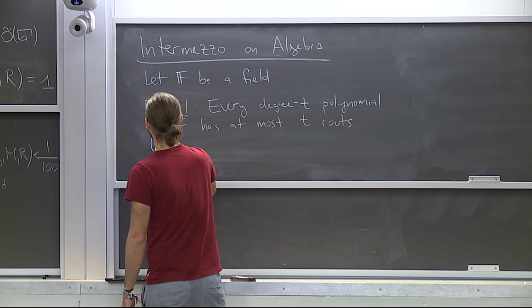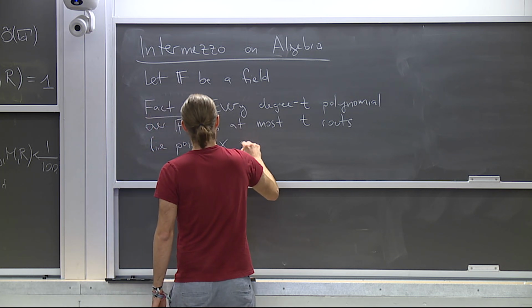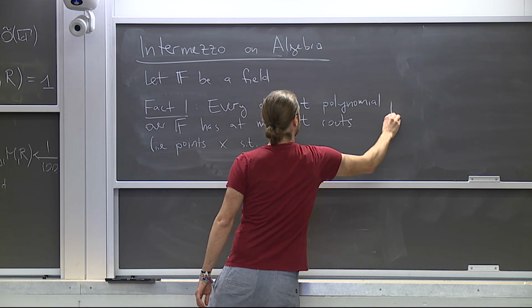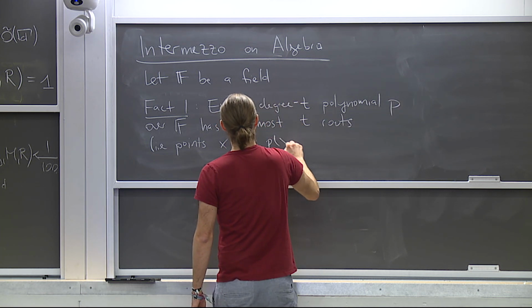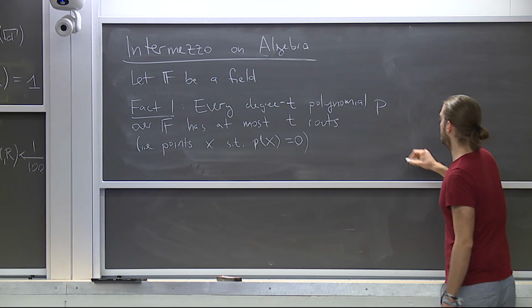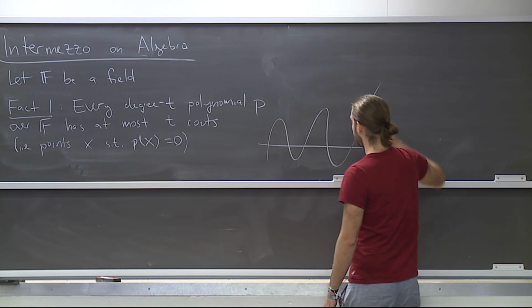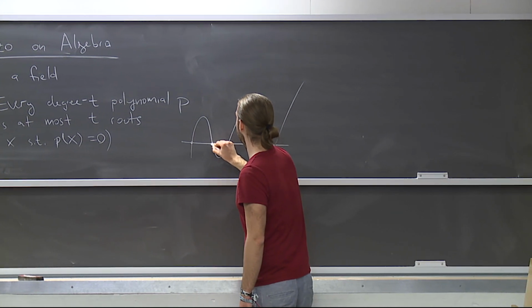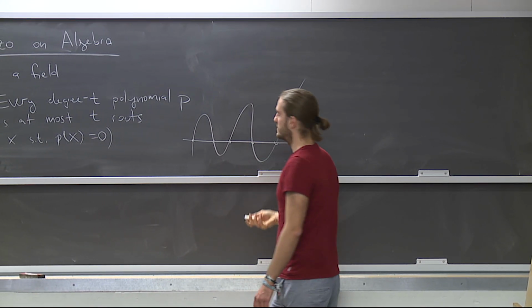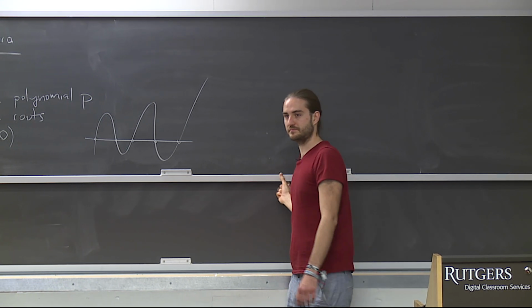Which are points on which that polynomial, we call P, becomes 0. Okay, that is either extremely trivial if you've seen it before, otherwise it's also not that hard to see. If this is some polynomial, then these are the roots. And you can have at most T of them if the polynomial has degree T.